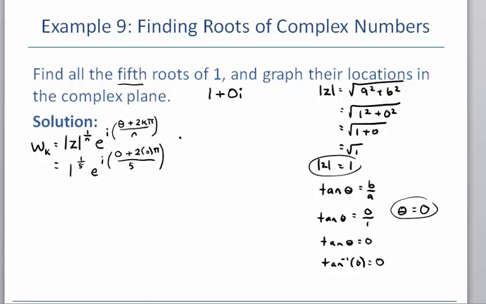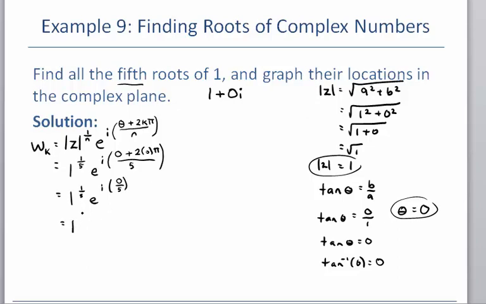So if we look at what's happening on the top part of that fraction, 0 plus 2 times 0 pi is still going to be 0. So we have 0 over 5.